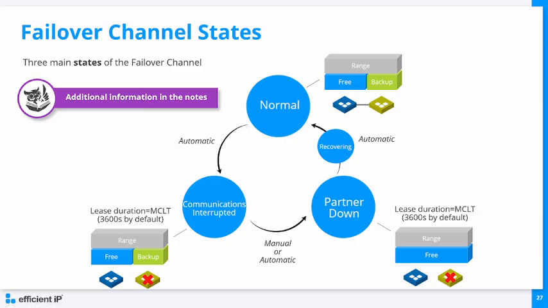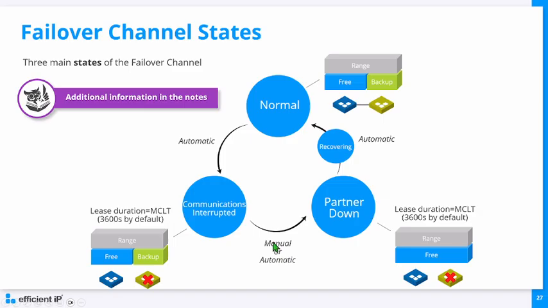Okay? Now, from communication interrupt, it can be switched to partner down. You can manually do it, or remember there is a switchover timer you can set in hours. If you turn on the auto switchover, specifying the number of hours, then it will automatically switch over to partner down.